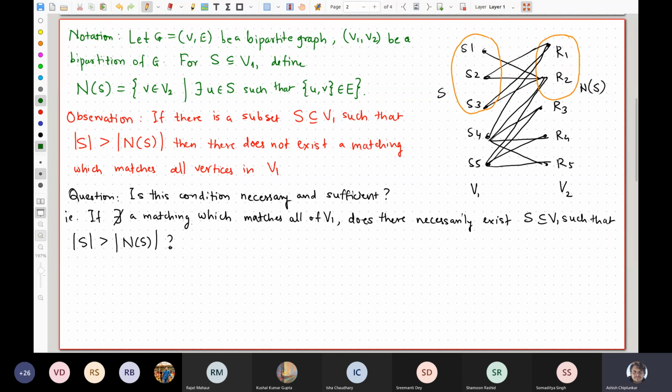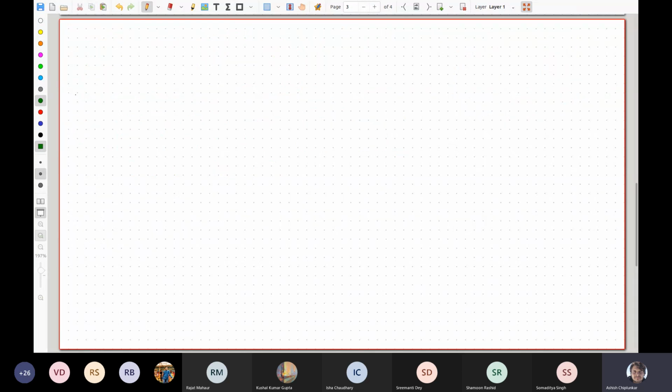Right, so we'll try to prove that this is indeed the case, that if there is no matching which matches all of V1, then actually there exists a set S, subset of V1, whose neighborhood is strictly smaller than itself. And this result is called Hall's theorem. So let us put down the statement of the theorem.